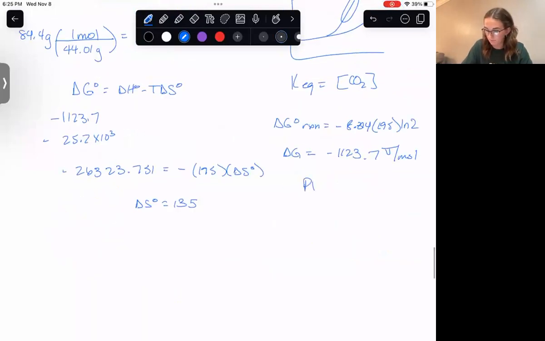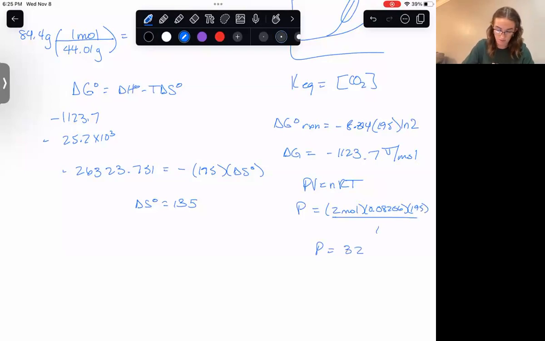So if you do PV equals nRT and solve for it this way, if you assume 1 liter, you can do 2 moles times 0.08206, and your temperature is 195, over 1. You get a pressure of, I think, 32. Yeah, P is 32. So then this is your pressure at equilibrium of CO2.